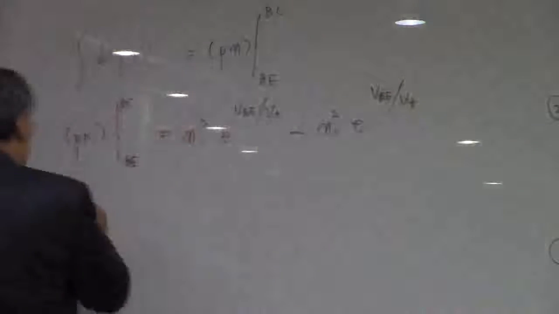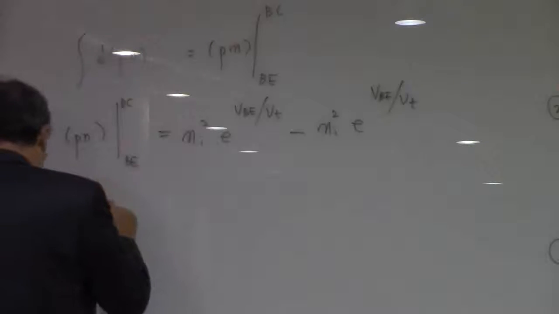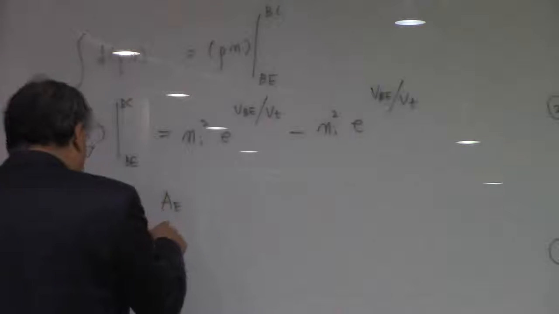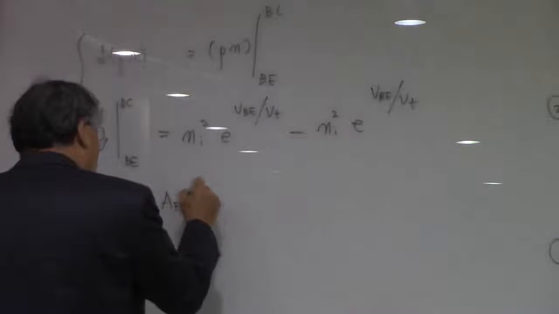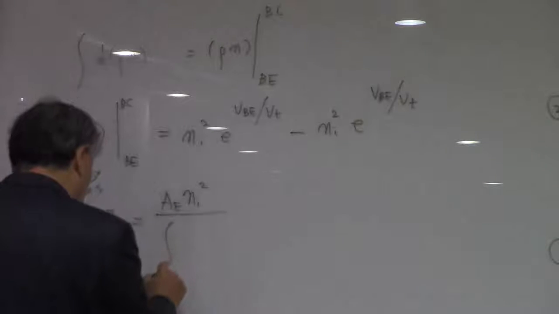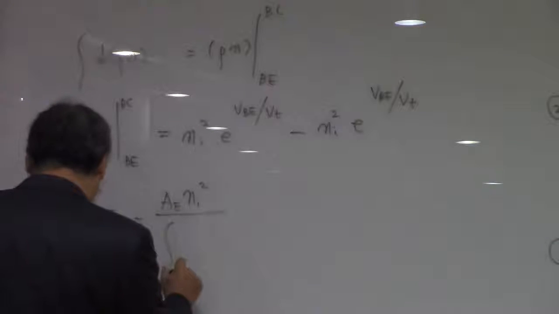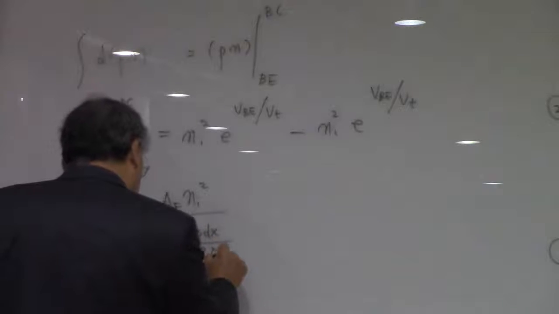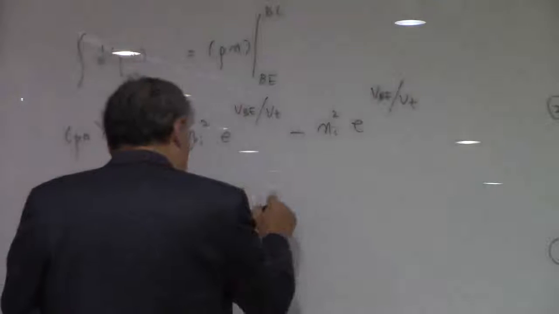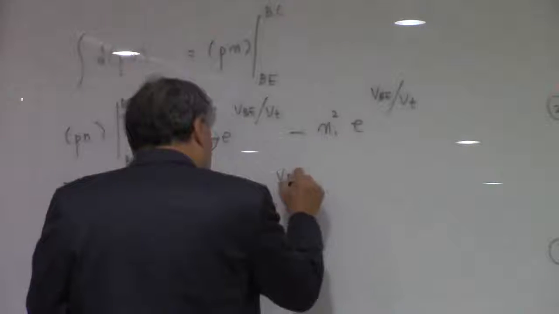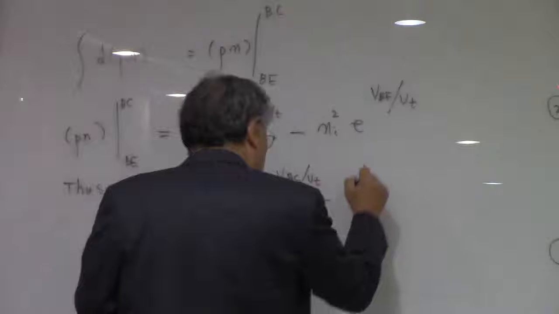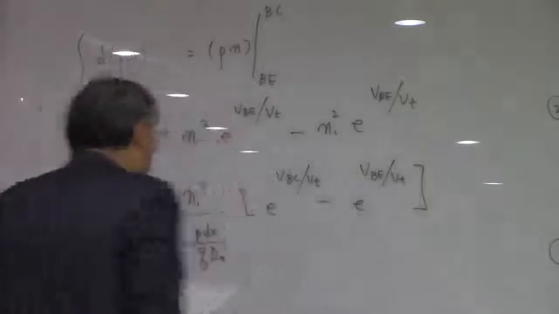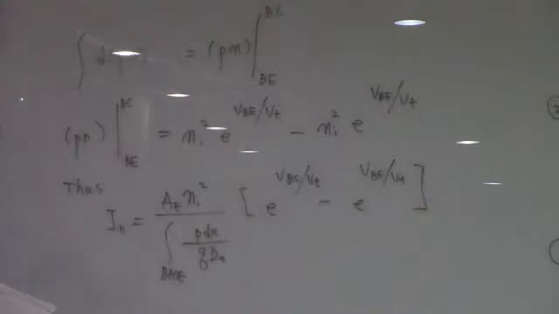Okay, so the current is going to be the emitter area times Ni squared over the integral over the base of P dx over Q Dn, times e to the VBC over VT minus e to the VBE over VT. That is the equation. Okay.